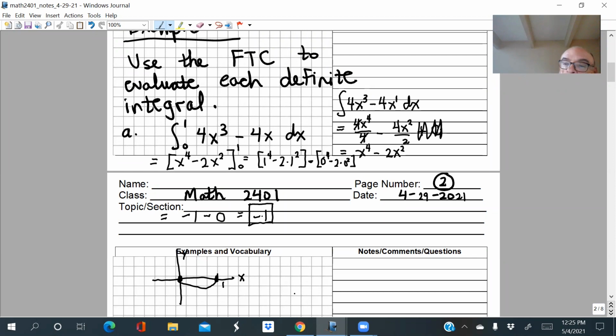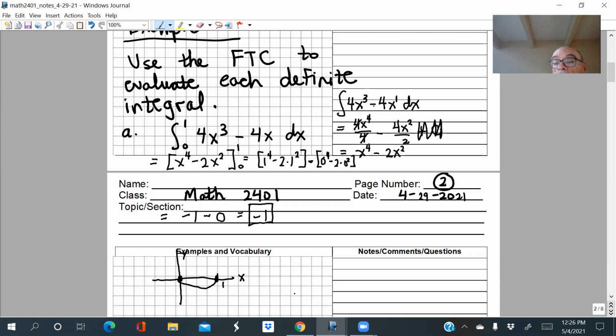Wow, see how easy that was though? So that's a complicated geometry problem because this function is a curve, right? So this area is an irregular shape, but it's very easy with calculus to calculate that area. Very easy to do.